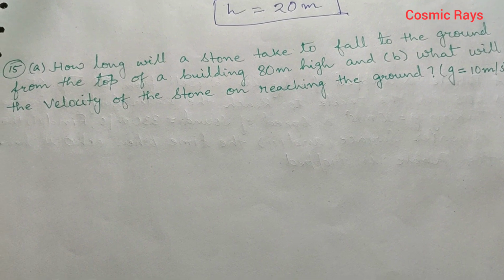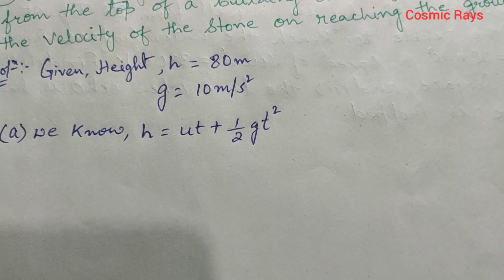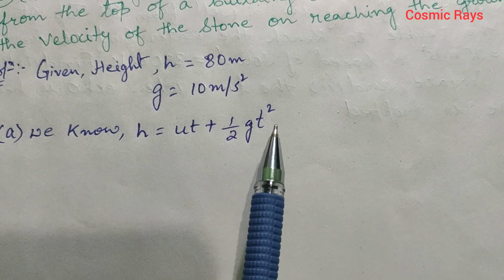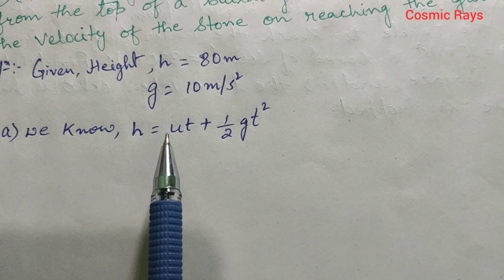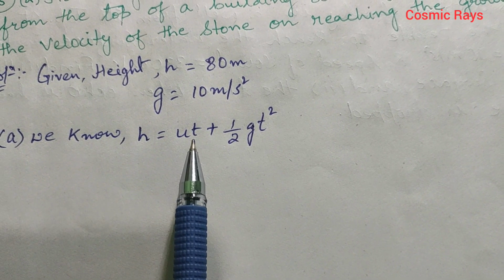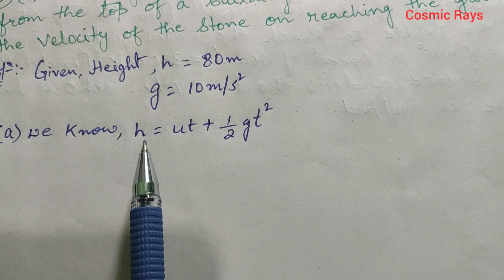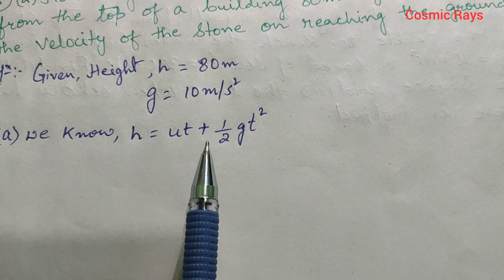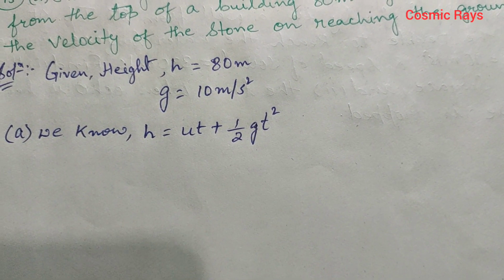So we write the given things. Now we have written the given things, and we know that h is equal to ut plus half gt square. Since the initial velocity is 0, we can directly write the same equation that we use for maximum height, that is h is equal to half gt square.